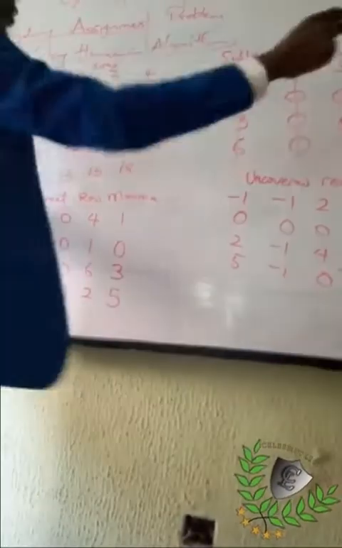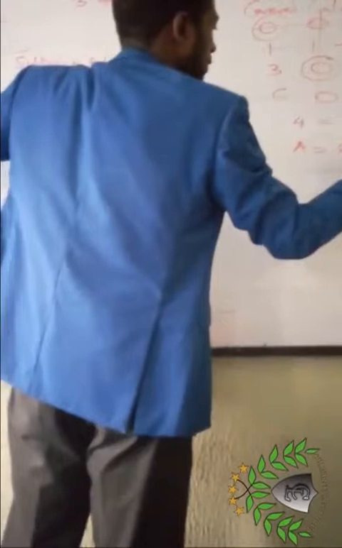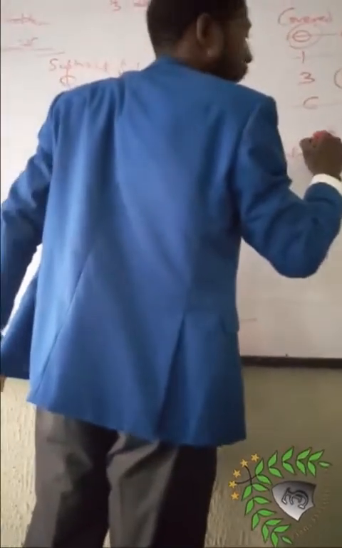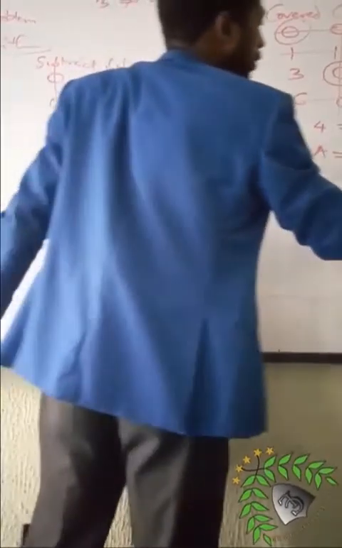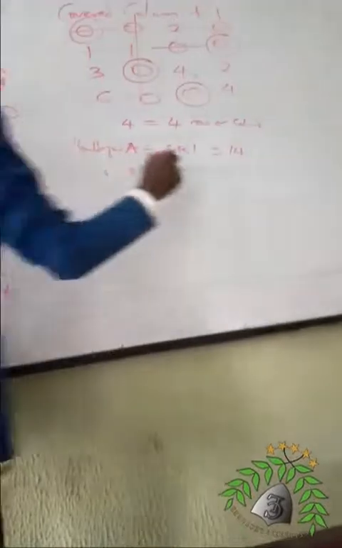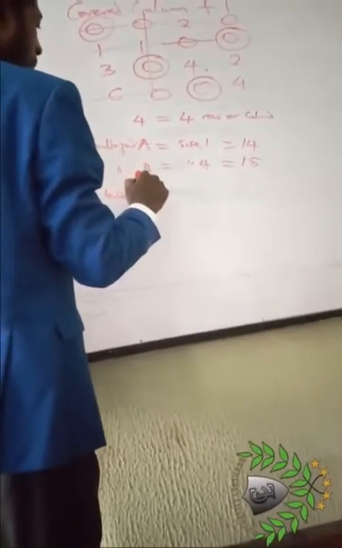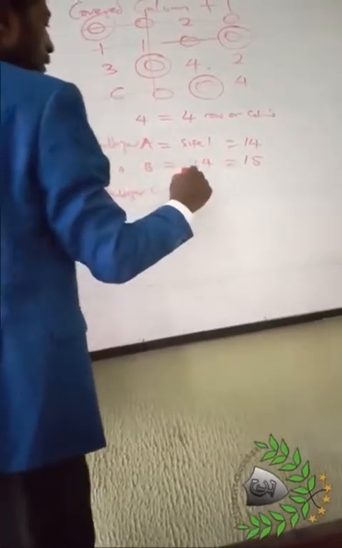So that means bulldozer A equals site 1, which is 14. Then bulldozer B equals site 4, which is 15. And bulldozer C equals site 2, which is 14.